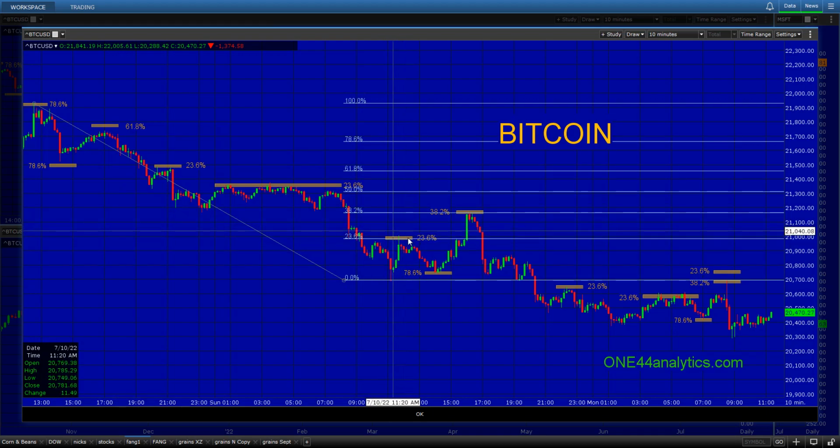Now, one of the rules whenever you hit a retracement and you fail to make that new low, it's a sign that we should be going to the next one up above. And in this case, it failed to make the new low. Once again, it went 78.6 and more, and then just got stopped right on the dime at 38.2.